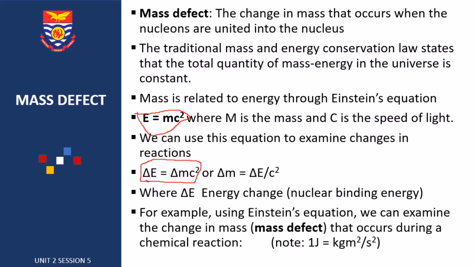We can make change in mass, the mass defect, the subject, where we have change in m equal to change in E over c squared. So we already said change in E represents energy change, and it is the difference between the products and the reactants in a chemical reaction.